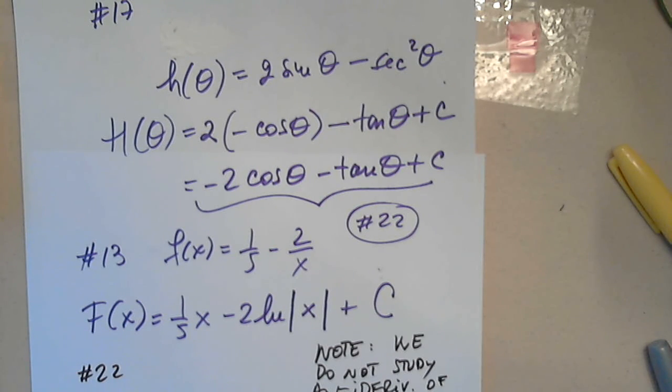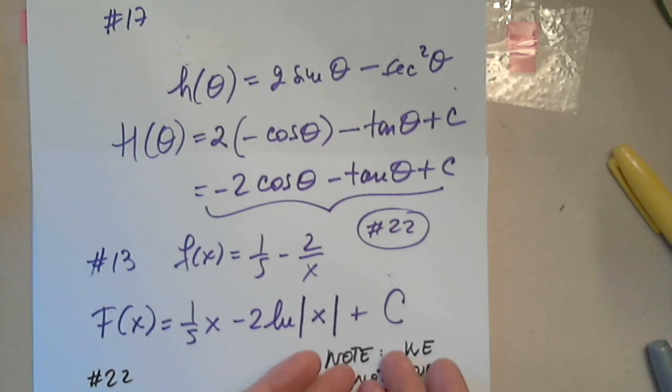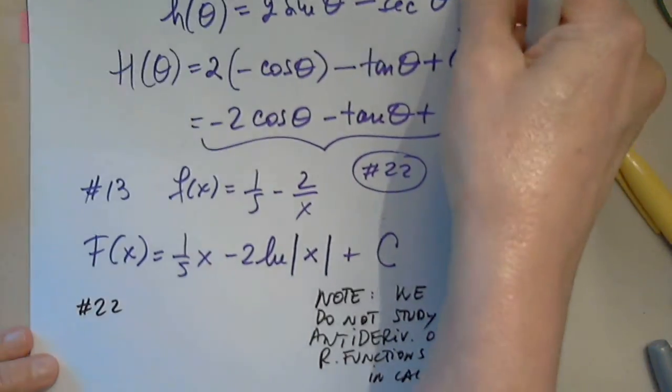You have to wait till the function decomposition in Calc 2. So that's why we can't really use this, because we don't know how to use the function decomposition just yet. So everything that you'll see as a rational function, we have to go around it. 22 caught my eye because I just wanted to make a point.